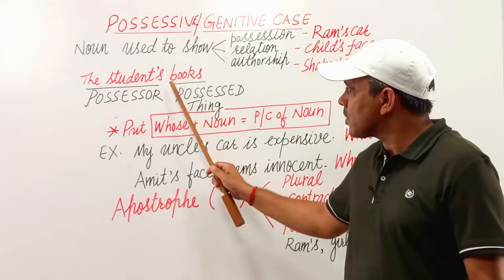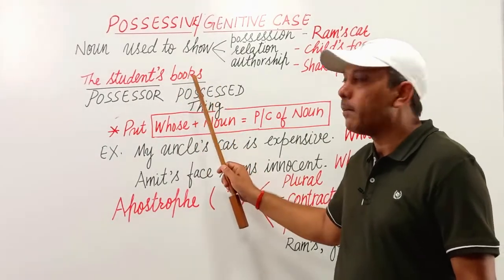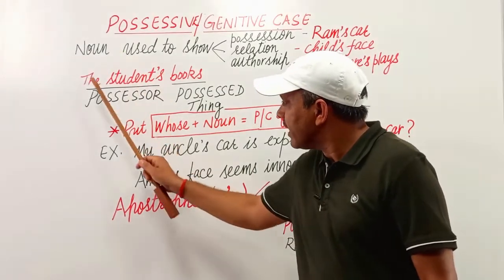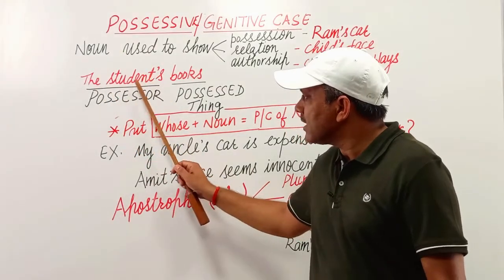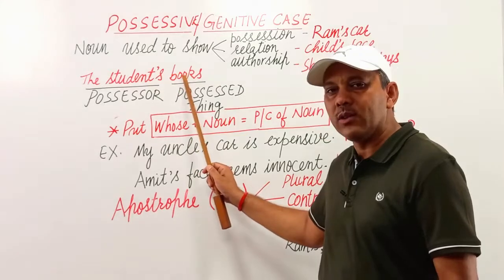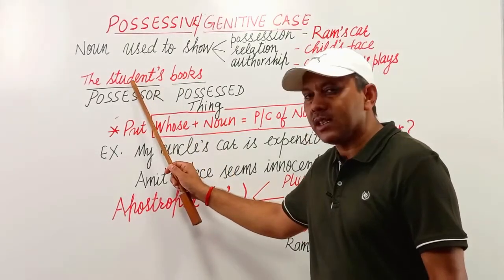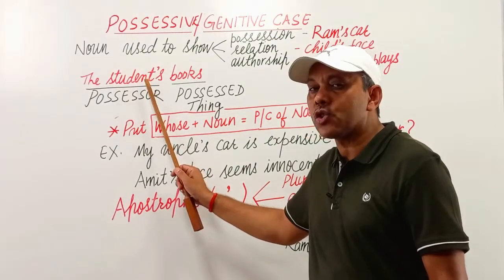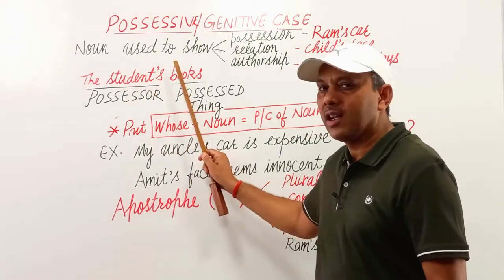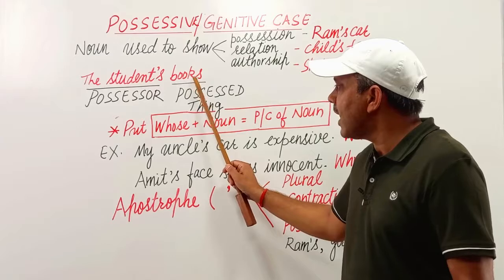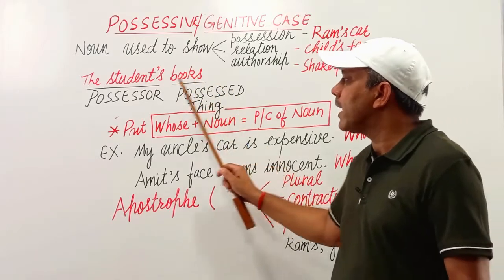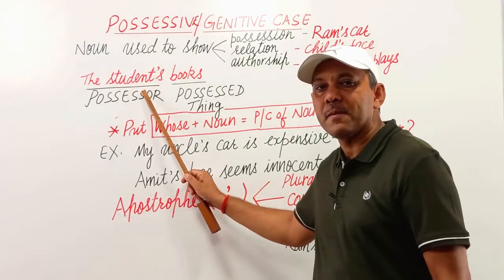A student, some books or many books possessed by this student. This is a noun, this is also a noun. This noun, the student, is the possessor because he or she possesses this noun. And the books, this noun is the thing or things possessed by this possessor.